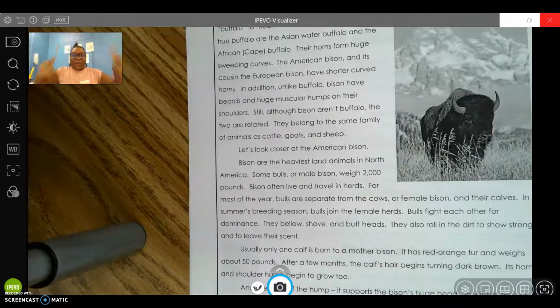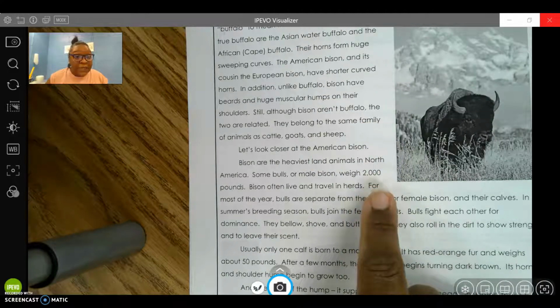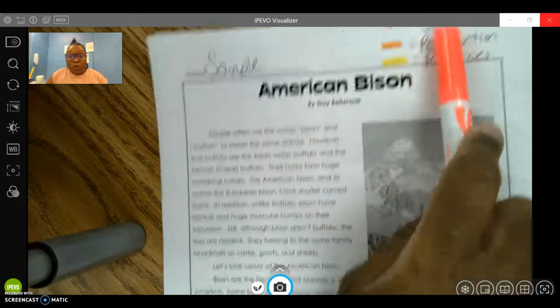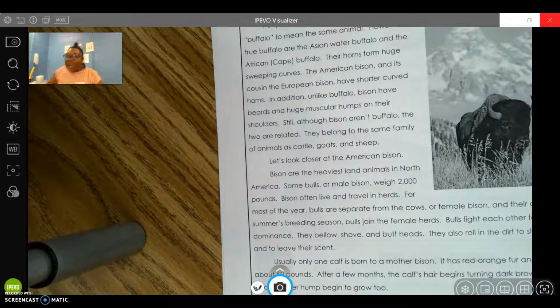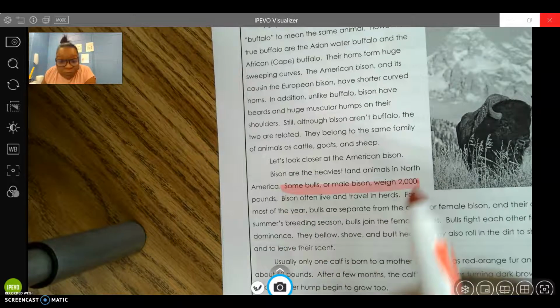Ding, ding, ding. We see here it's talking about the heaviness of a bison. So that's talking about growth and development. I'm going to find that sentence and highlight that example of growth and development for the American bison.